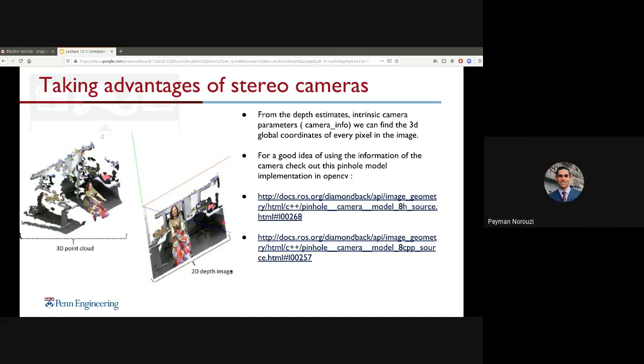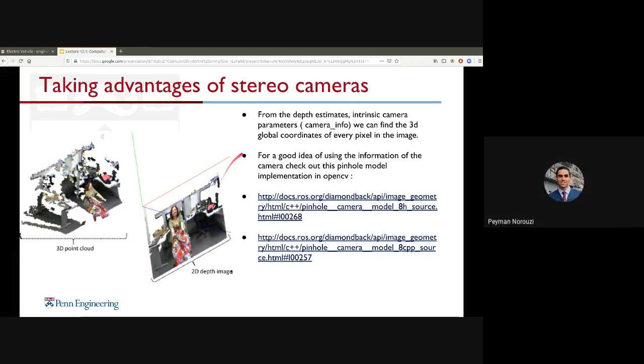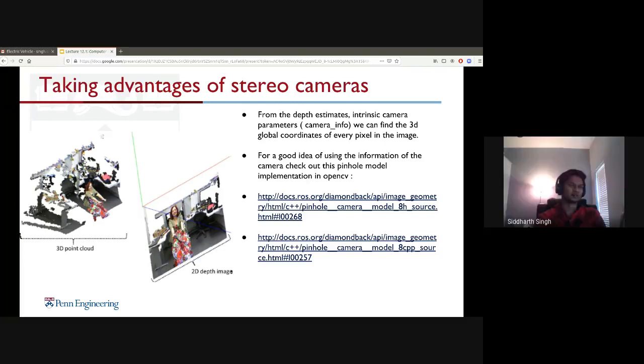Can I ask a question here? Sure. If we can get the 3D point cloud, why is it that we can't use this instead of a LiDAR? Is it because the camera intrinsic parameters are not as good, so we have a really large... Noisy.